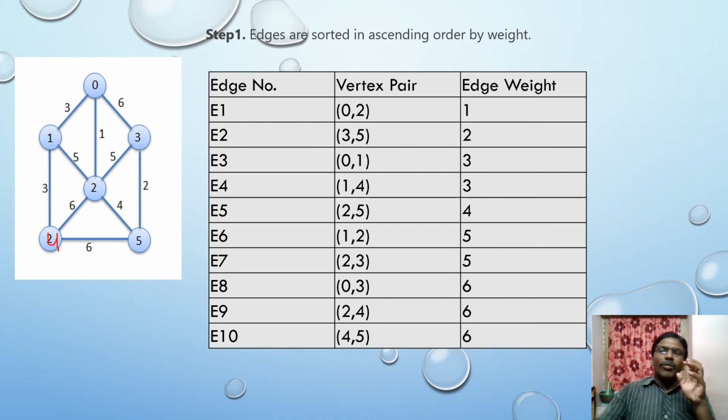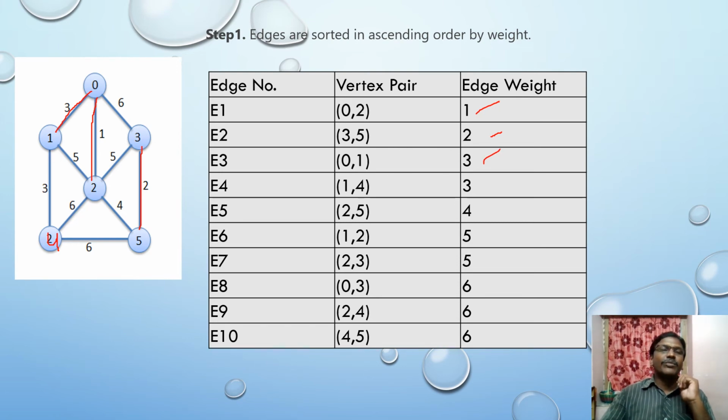After sorting all the edges, simply connect the first edge, that is 0-2. That means connect 0 to 2. Then connect 3-5, the next lowest edge, and then 0-1, that is 3. 0-1 is the next connected edge.